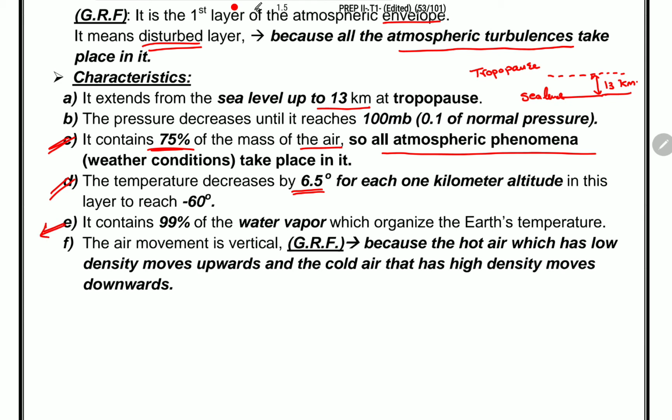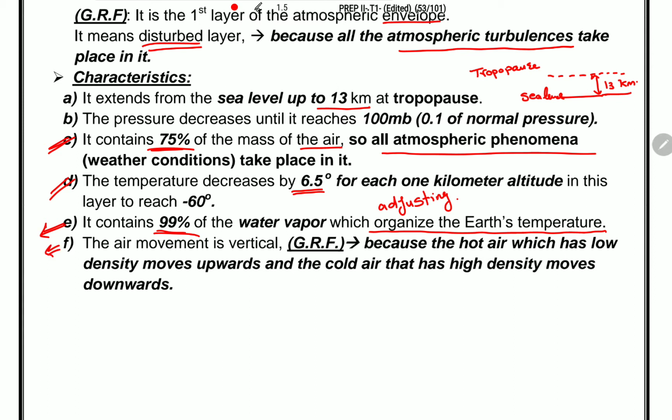What about the water vapor? The troposphere contains 99% of the water vapor, and this water vapor is very important in organizing the Earth's temperature. Organizing means adjusting the temperature of the Earth. It doesn't make it so high or so low, but it just organizes it.